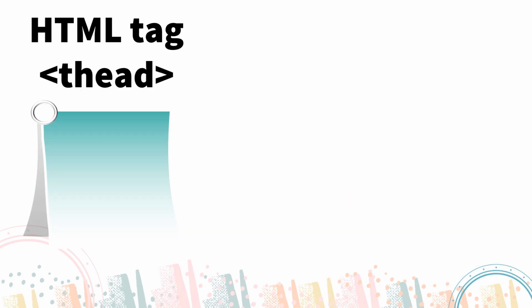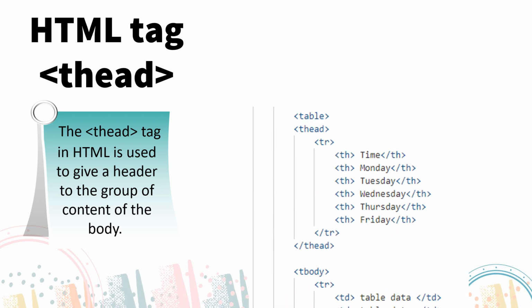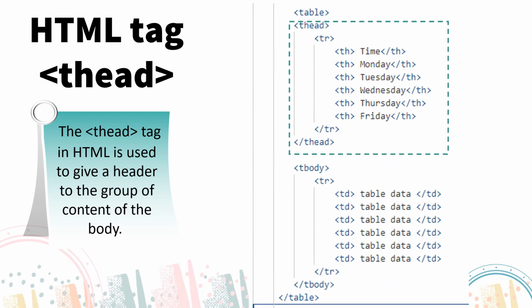The T-head tag in HTML is used to give a header to the group of content of the body. Let's take a look at this one. As you can see, I have here T-head and then the closing of the T-head. Between the T-head, I have a TR tag, and then I have 6 pairs of TH tags.